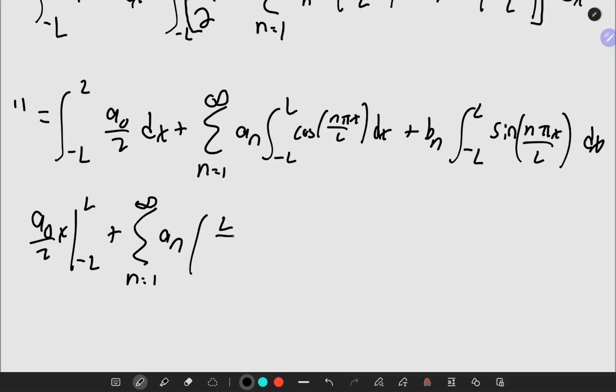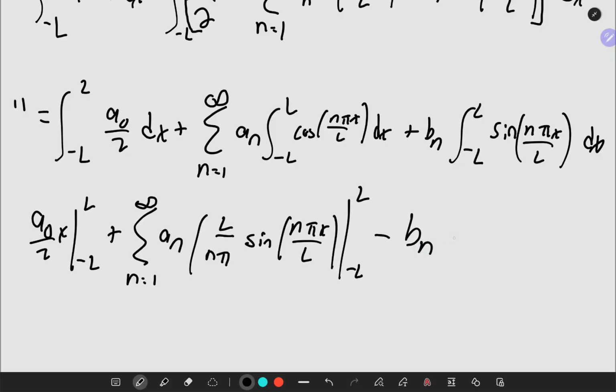We're integrating, so it's L over n pi times sine n pi x over L from negative L to L, minus, because the integral of sine is negative cosine, L over n pi cosine n pi x over L from negative L to L.